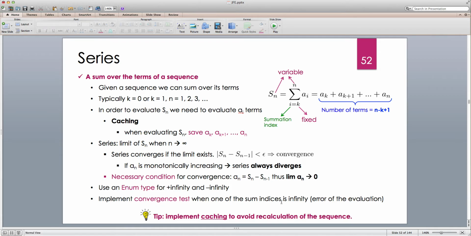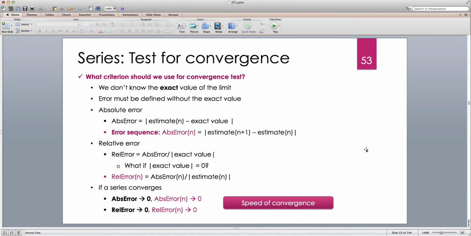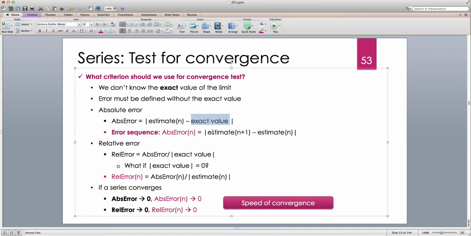And then we said that numerically we can try to implement some convergence tests, because we cannot sum over an infinite number of terms. Okay, so test for convergence, we discussed this. We can define the convergence in terms of an absolute error for the sequence, because most of the time, or almost all the time, you don't know the exact value of the limit. So you have to define your error based on the behavior of the sequence, right? This is what you have.